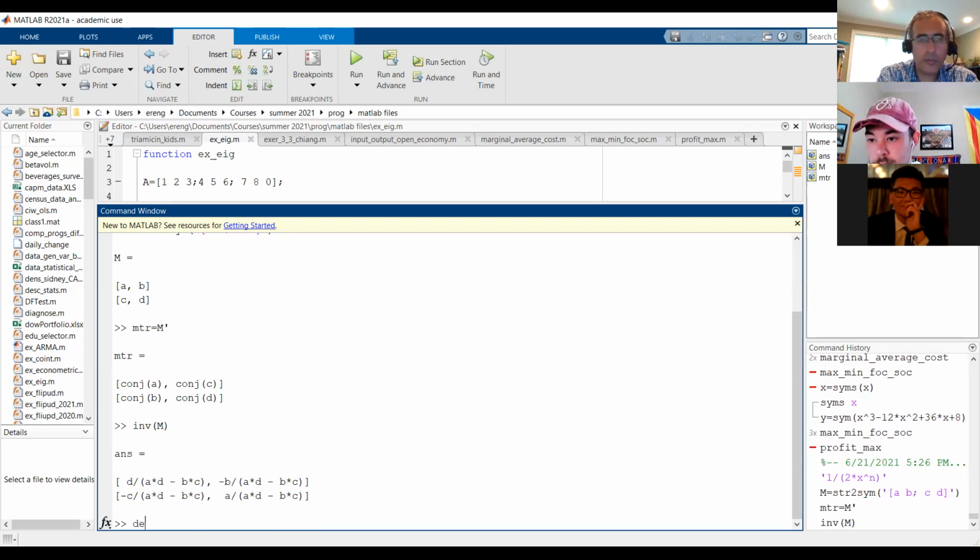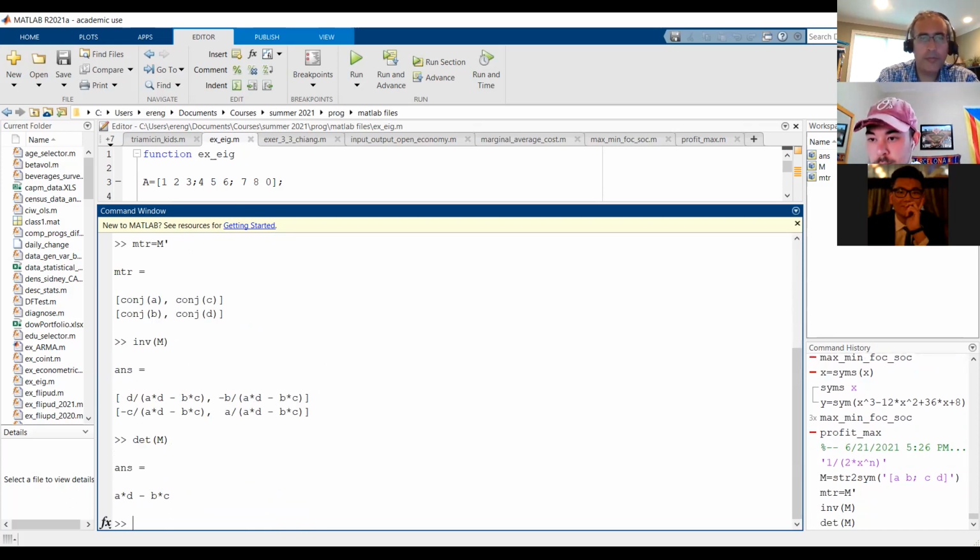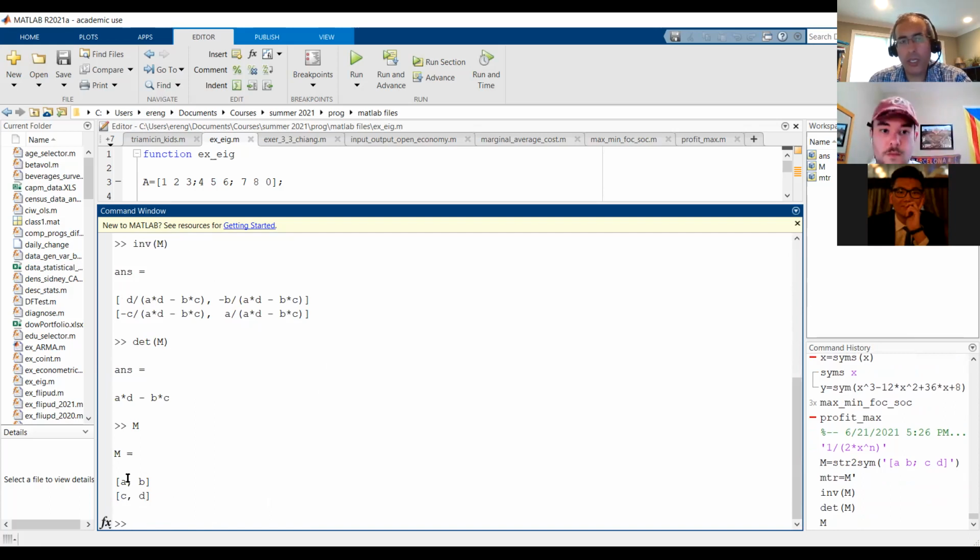We can do the determinant of M. You see? So we don't need values here. What we need is simply the formulas. And you remember the formula for the determinant of M is going to be AD minus BC. So these are very traditional equations.